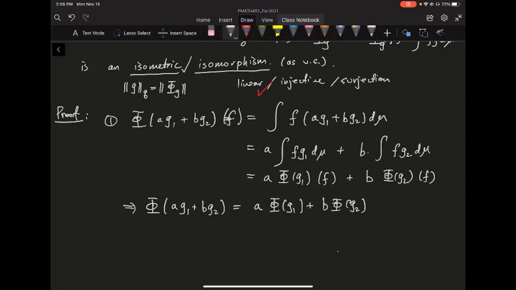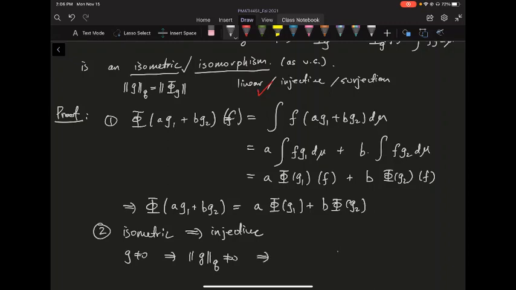Why is it going to be injective? If you remember, all isometric maps are going to be injective. Isometric implies injective. The reason is that if I have some g not equal to 0, then I know the Q norm of g is not equal to 0.